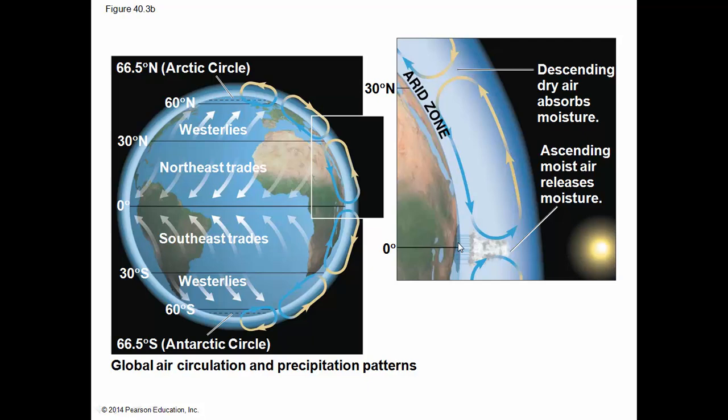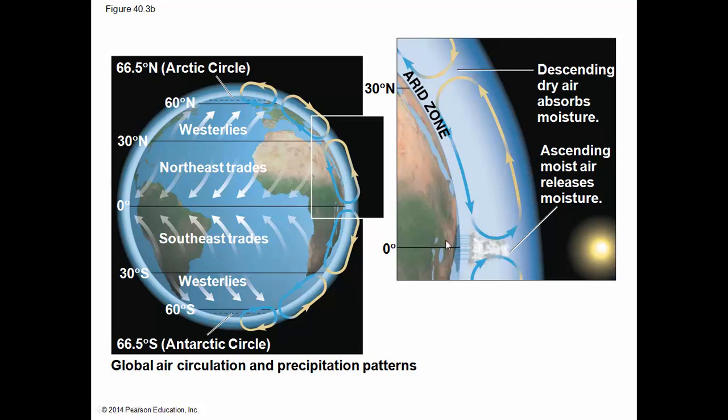Basically, what's happening here is this is what's known as a Hadley cell, and it's a cell which brings warm air, which collects moisture. As the warm air rises towards the equator, it heats up, and as the warm air rises, it cools, and as it cools, it relinquishes its precipitation, and that causes major rain events.